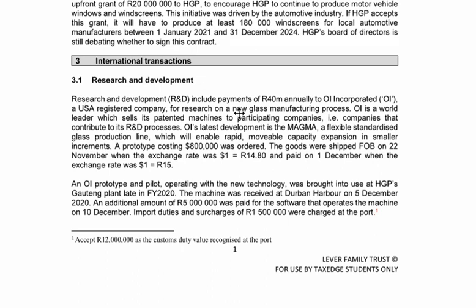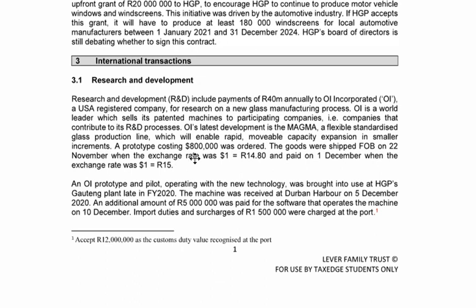It says research and development includes payments of 40 million annually to OI Incorporated, a USA registered company, for research on a new glass manufacturing process. OI is a world leader which sells its patented machines to participating companies, i.e. companies that contribute to its R&D processes. OI's latest development is Magma, a flexible standard glass production line, which enables rapid movable capacity expansion in smaller increments.